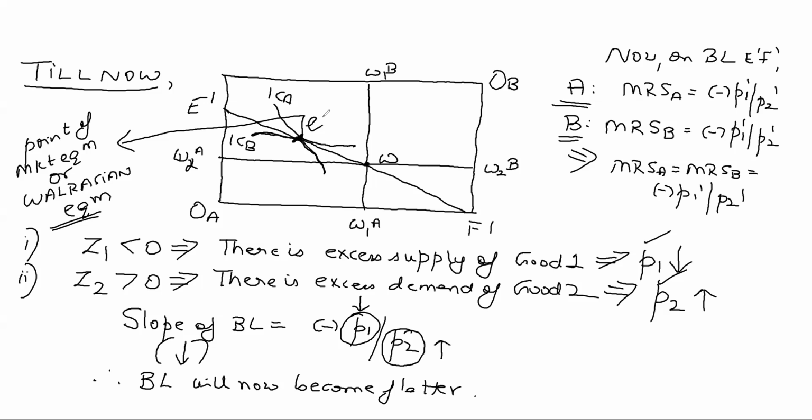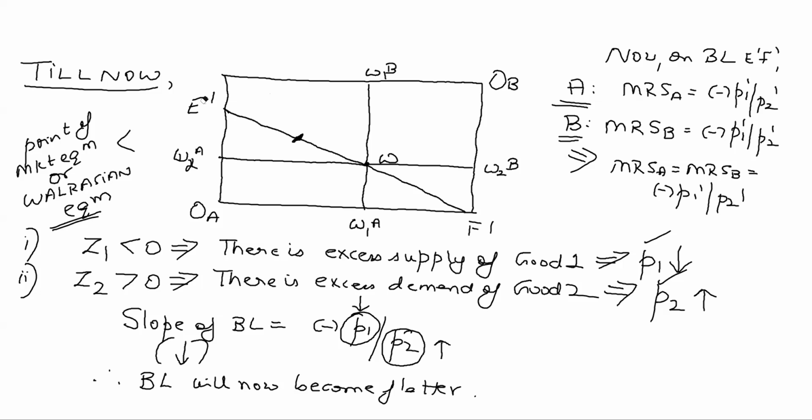So remember, initially when I said "suppose", that supposed case will never happen. I actually started with the wrong thing to arrive at the right thing. If you look at the diagram, this case will never happen. The case which I had taken initially was that A was consuming here.